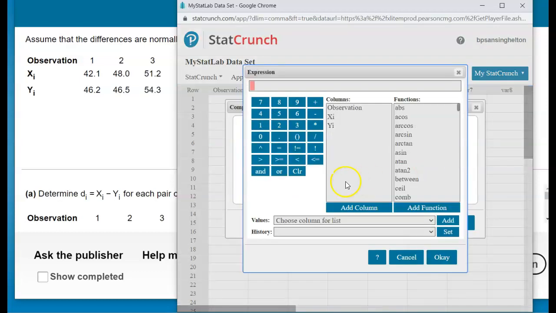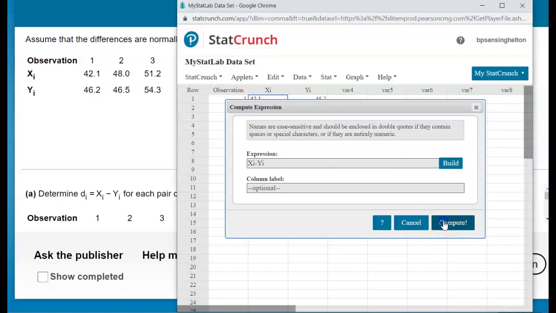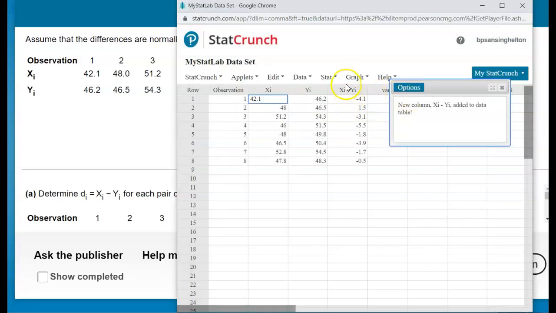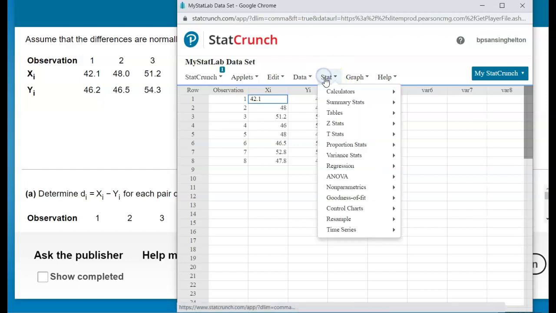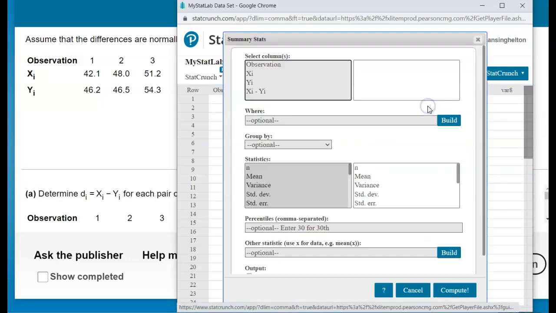We're going to build the expression, and it's x1 sub i minus y sub i, and then we'll hit OK and Compute, and it'll make a new column that's the differences. If you need to calculate the mean and the standard deviation of the differences, we do that by doing summary statistics on that specific column.